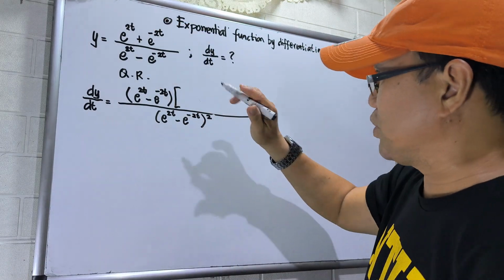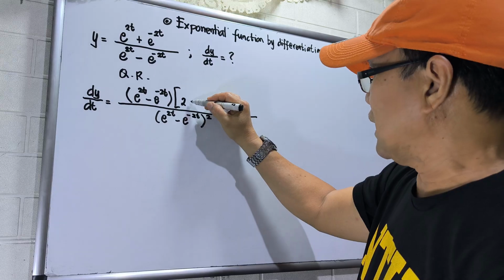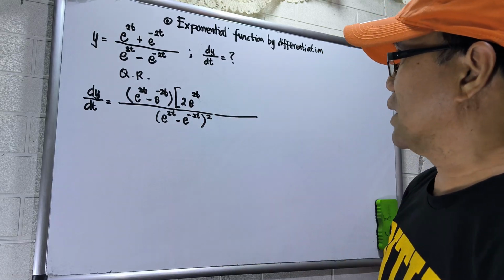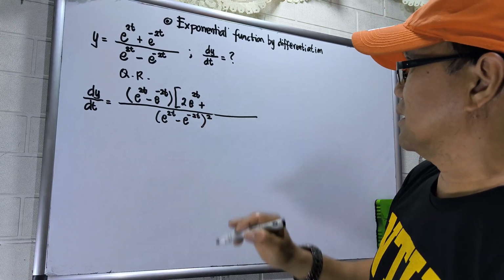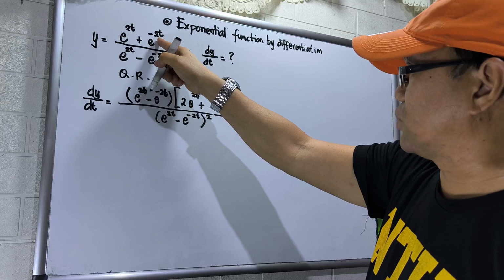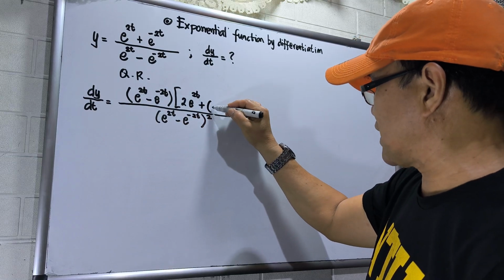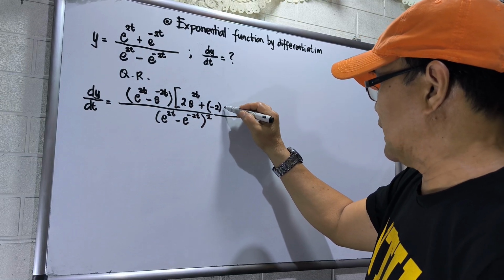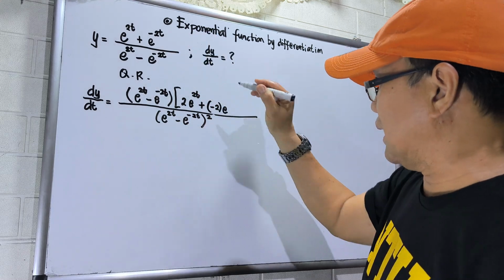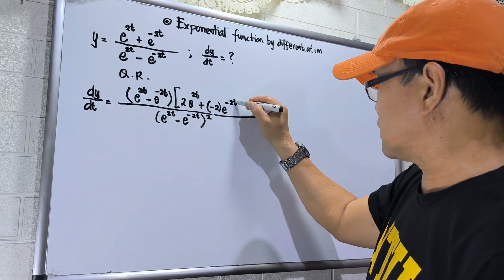The derivative of the numerator is 2 e to the 2t, plus the derivative of negative 2t, which is (negative 2), multiplied by e to the negative 2t.